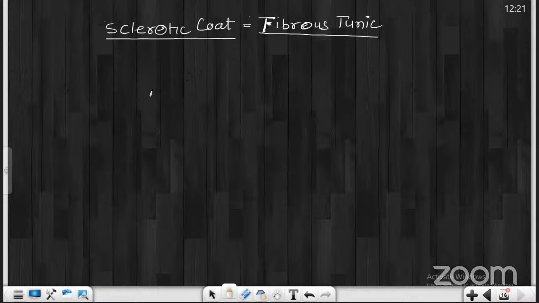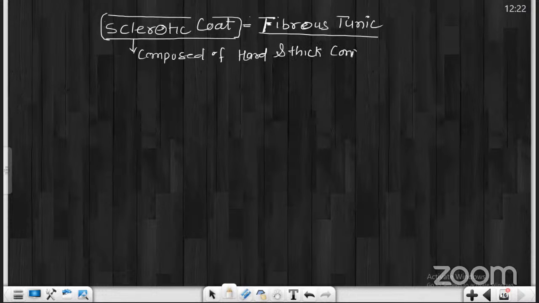So first we can say it is made up of hard and thick connective tissue. So this sclera or sclerotic coat is composed of what? It is composed of hard, thick connective tissue, right?